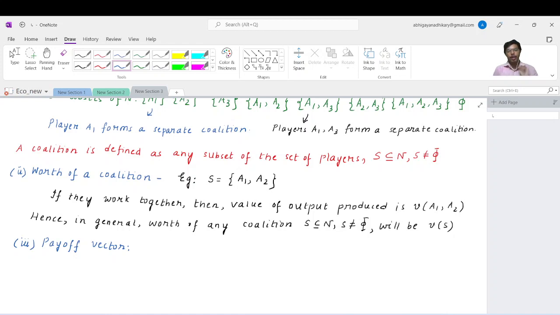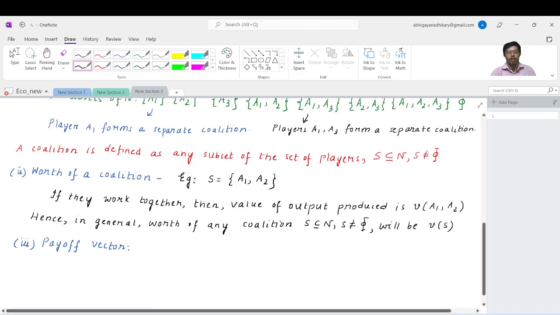Take care. So before actually getting into the notation, let me just make note of two things. A payoff vector is always defined with respect to all players.